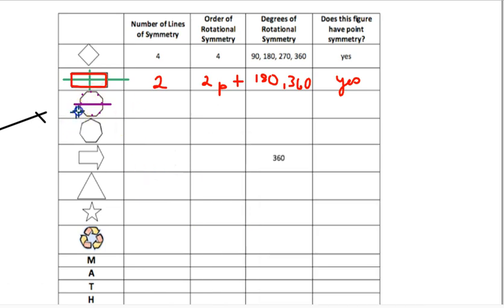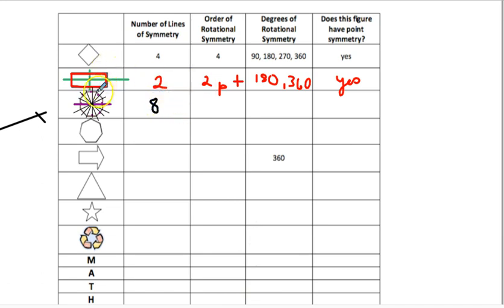So I would have 1, 2, 3, 4, 5, 6, 7, 8. So notice for an octagon, you have lines of symmetry in between the vertices and on the vertices.